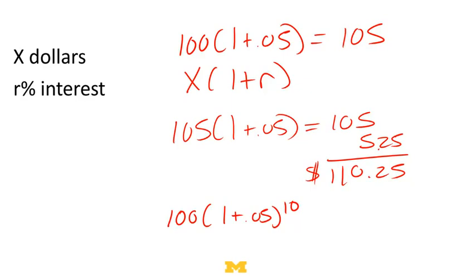If I buy a certificate of deposit, the bank says, okay, I'm going to put this $1,000 in for 6 years at 5%. They'll tell you you're going to get $1,000 times 1.05 raised to the 6th power. That's how much you get back at the end of the 6 years.